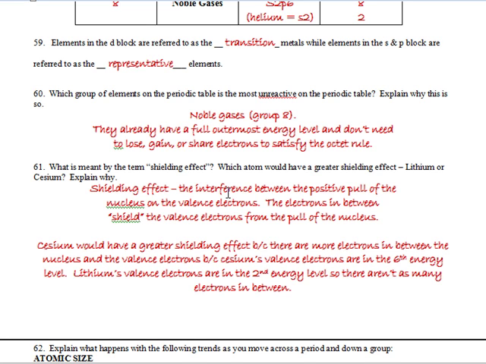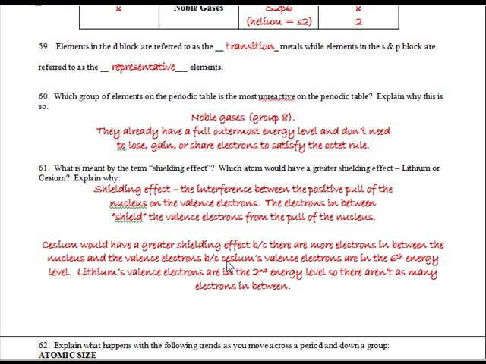So the official definition, you can use the interference between the positive pole of the nucleus on the valence electrons. Valence electrons are like the kids in the back of the classroom, and the nucleus is like the teacher. All the electrons in between are like the kids, and they're shielding those kids in the back, the valence electrons, from the pull of the nucleus or from the teacher. Now, cesium has electrons all the way in the 6th energy level, so those kids are pretty far away from the teacher.